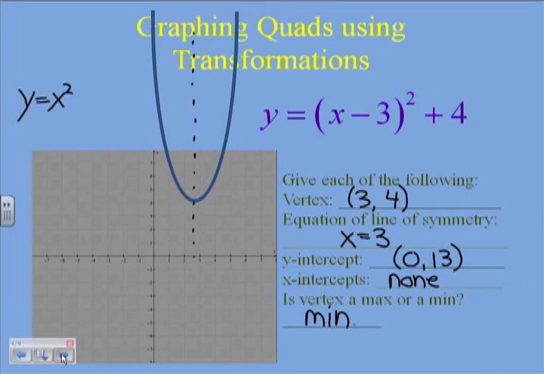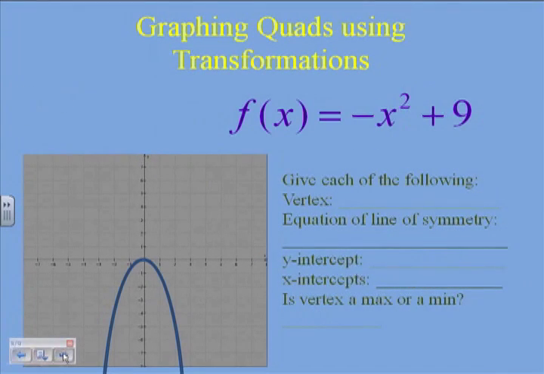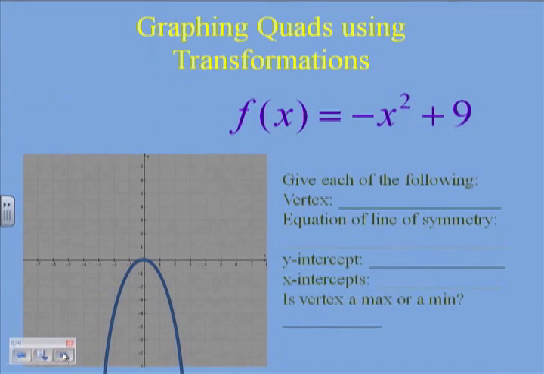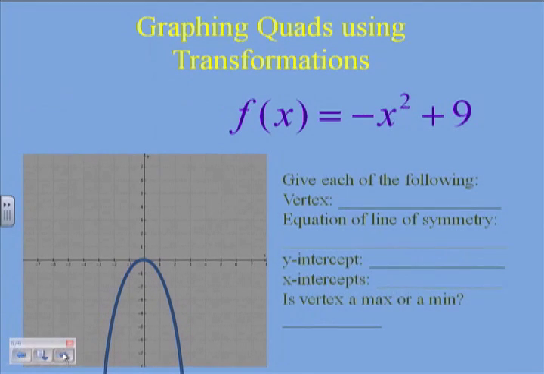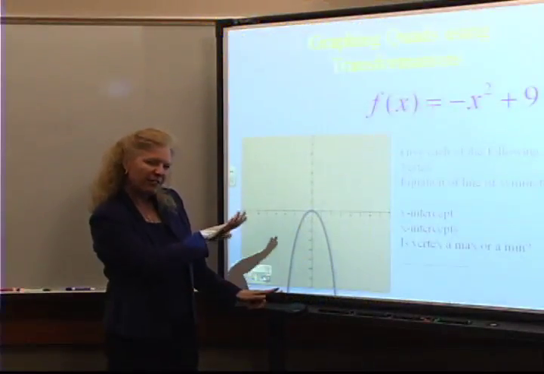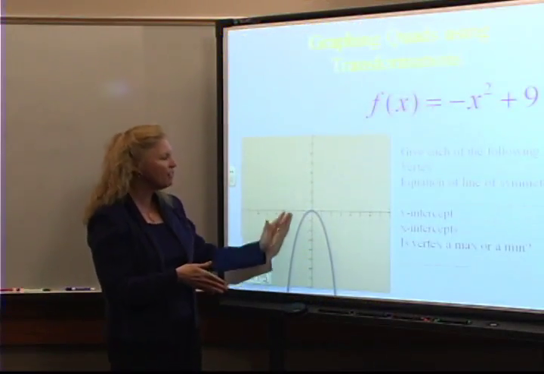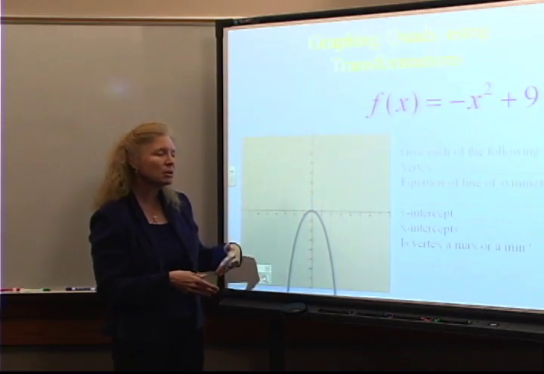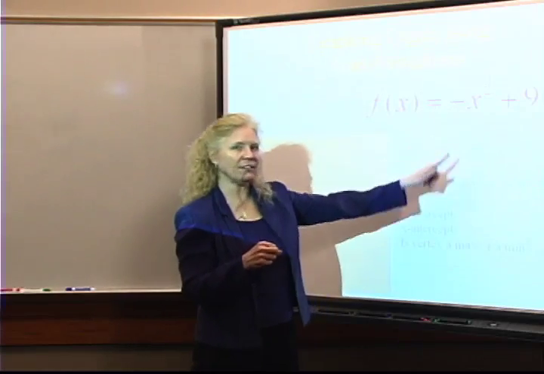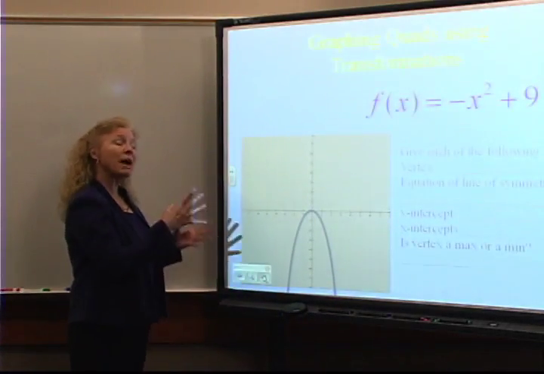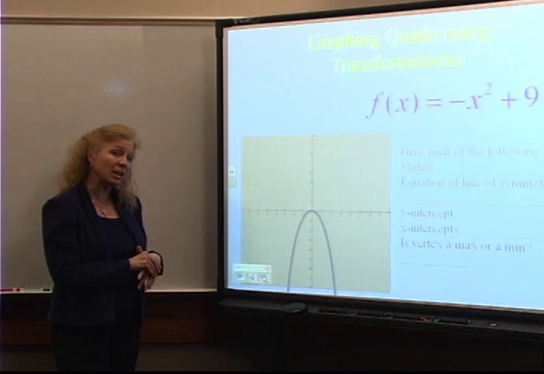All right, let's try another one. In this particular one, we have f of x is equal to negative x squared plus 9. So I've already done the flip. What made this flip and open downward? Remember, that's when your a value is negative. If you've forgotten this, you might want to go back and look at those lessons about transformations.